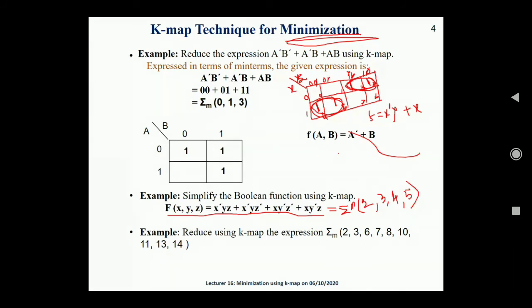So 0, 1 is cancelled. Remember one thing, when we are grouping two cells, always one variable is different according to the properties of K-map. So here it is successful. So 0 and 1 is the only one variable, and 0, 0 means what? Y value is 0. So y value is 0 means what? It is y bar.